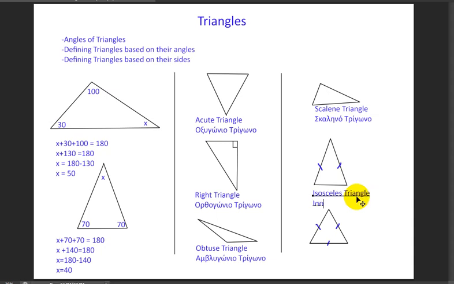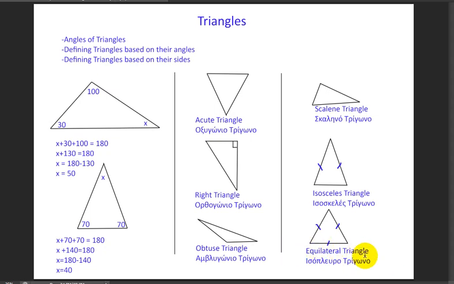In Greek, isosceles trigono. Lastly, when we have all 3 sides being equal, then we have an equilateral triangle, or in Greek, isoplevro trigono.